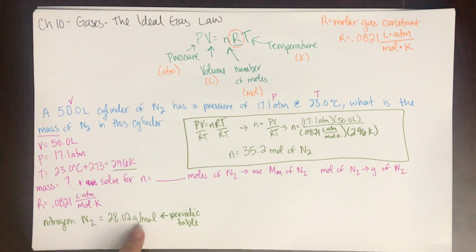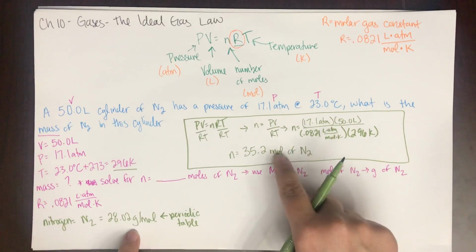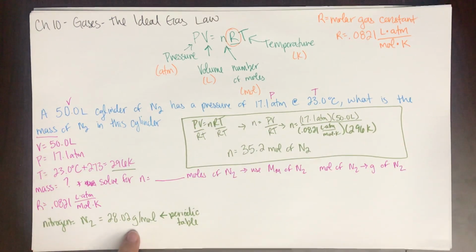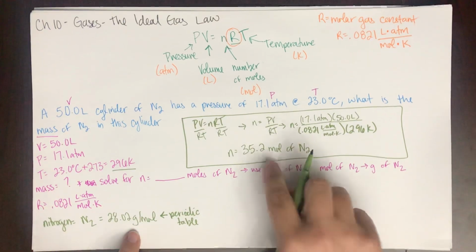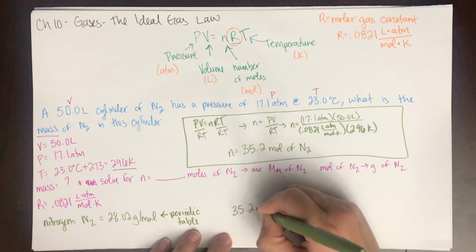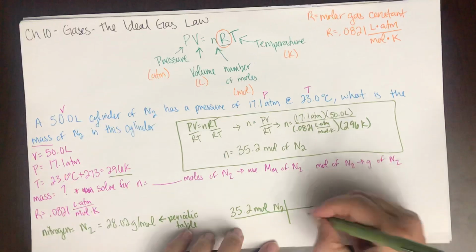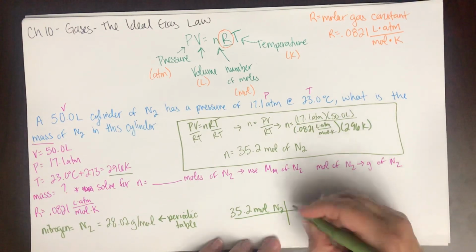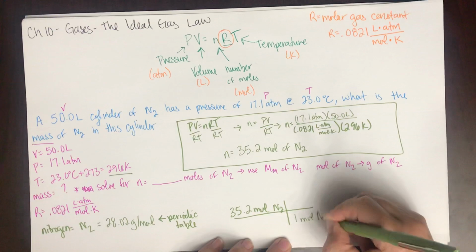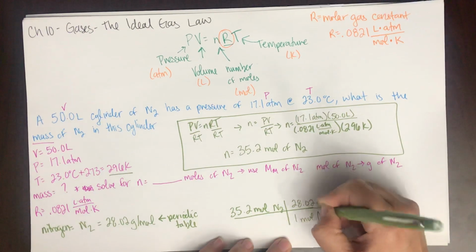Anytime you see a unit that has two units in it, that should be a red flag that I can use that as a conversion factor. So I can use this molar mass to convert between moles and grams. So I'm going to start with the number of moles of N2 that I have, 35.2 moles of N2. The molar mass of N2, nitrogen, is that 1 mole of nitrogen has a mass of 28.02 grams.